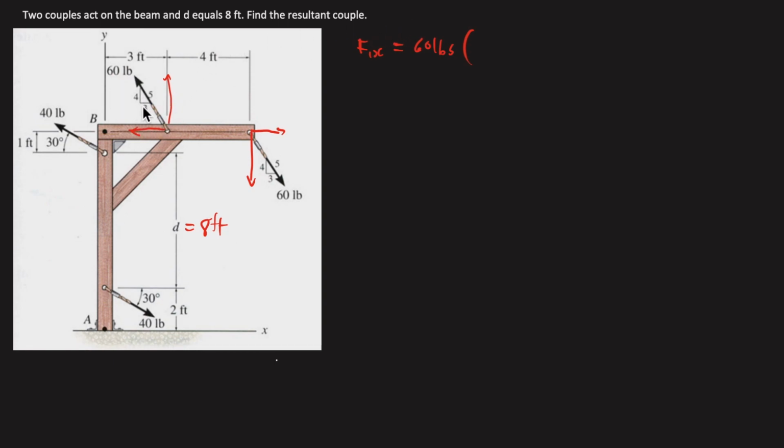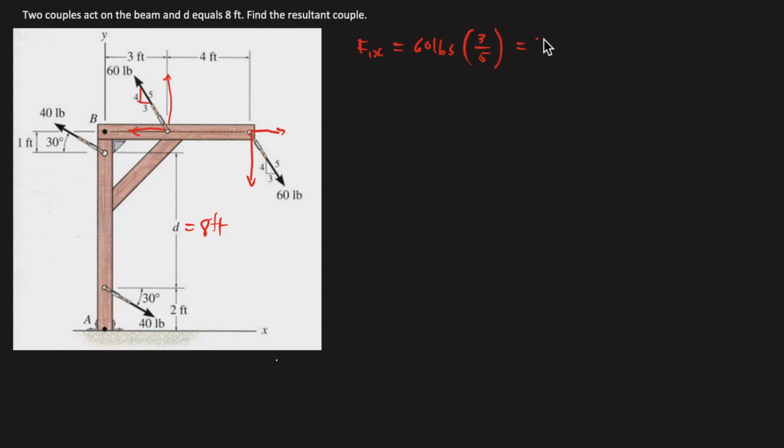As you can see here, we have 3 for the horizontal and 4 for the vertical. So that's 3 over 5, since this is the ratio of the x component with the resultant, or the hypotenuse here, which is 5.